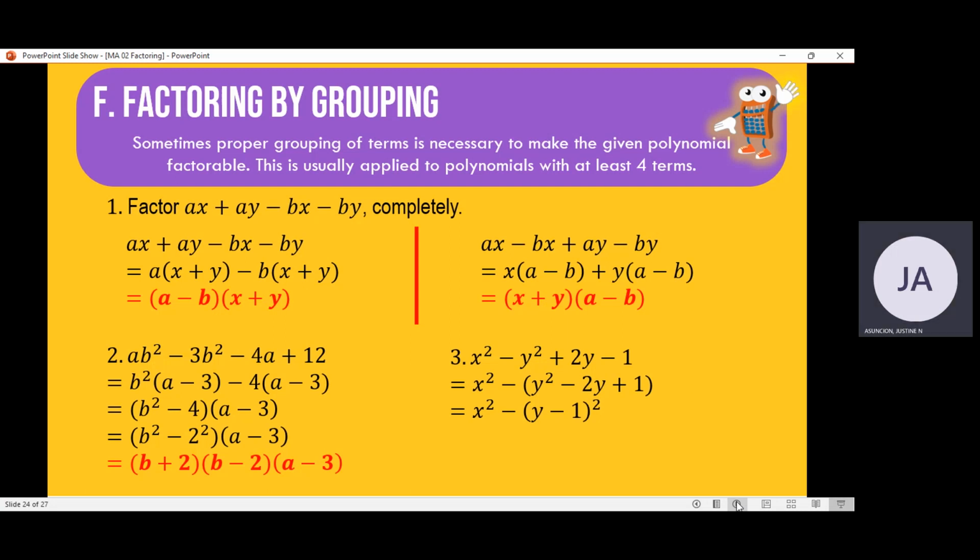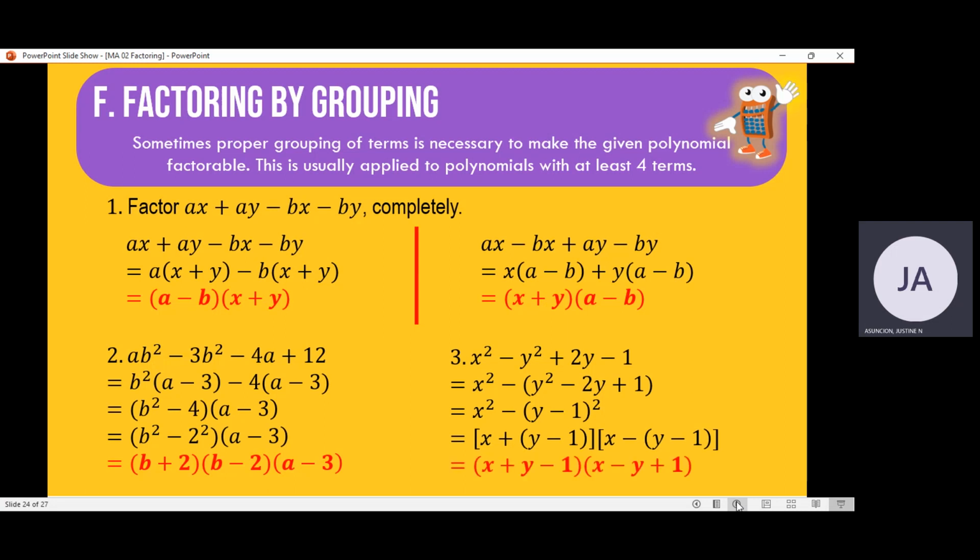After that, as you can see, it's a difference of two squares. That's x squared, and the second term is y minus 1 squared. So we can have the quantity x plus the quantity y minus 1 times the quantity x minus the quantity y minus 1. Let's simplify.